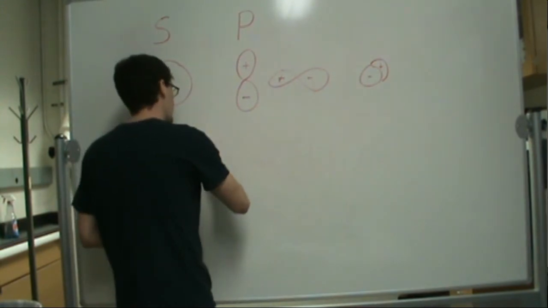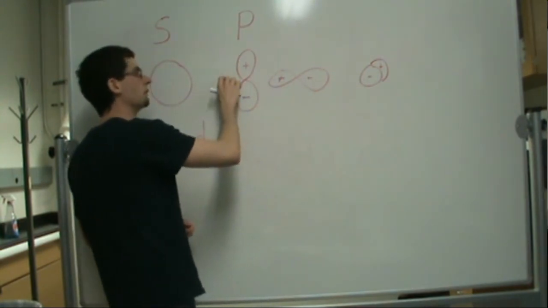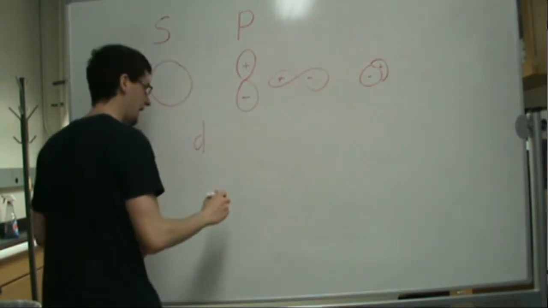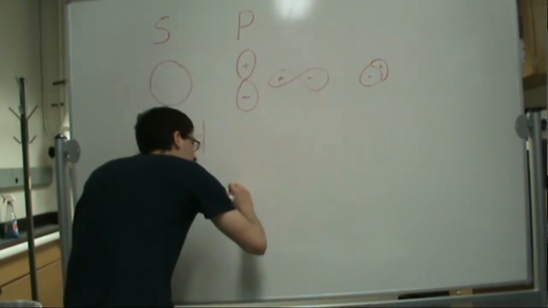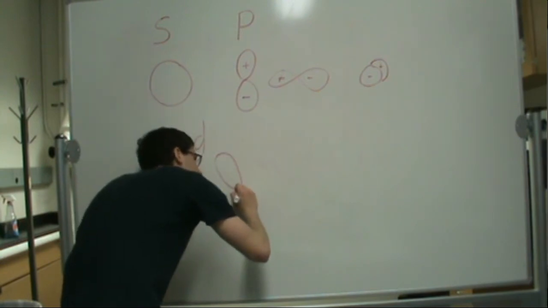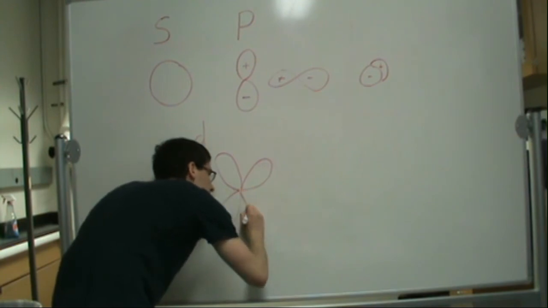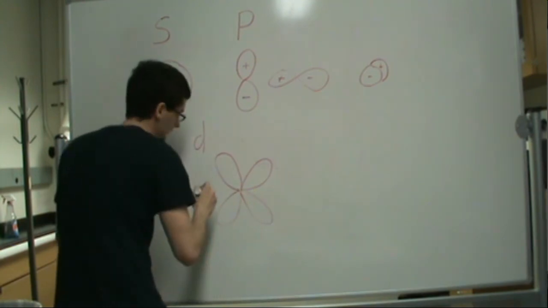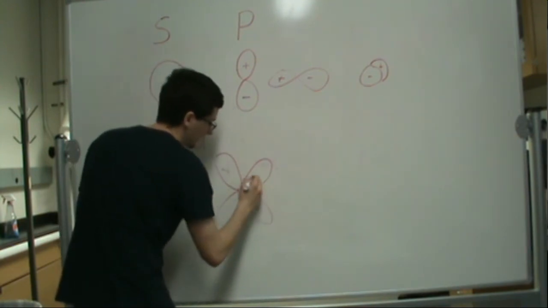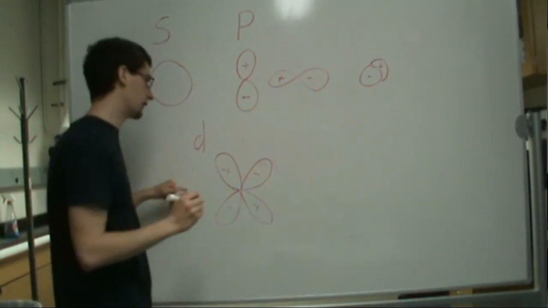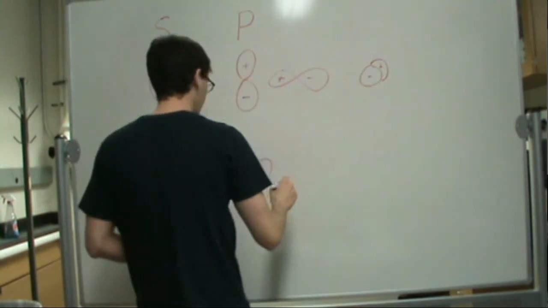The d orbitals look something similar to these dumbbell-shaped p orbitals, but actually they kind of look like a butterfly. So you have to somewhat define your axes too. You'd have a plus, plus, minus, minus. And the d orbitals have 5 degenerate orbitals. So they'd have one like that.